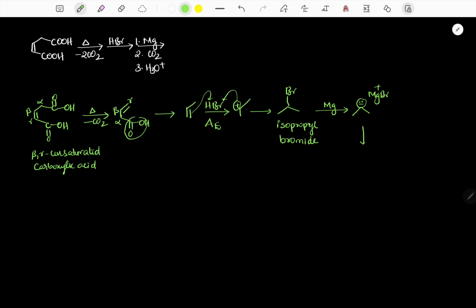Now the Grignard reagent is treated with CO2, and a nucleophilic addition takes place, giving the corresponding carboxylate ion. Now it takes the proton, and finally it converts into a carboxylic acid.